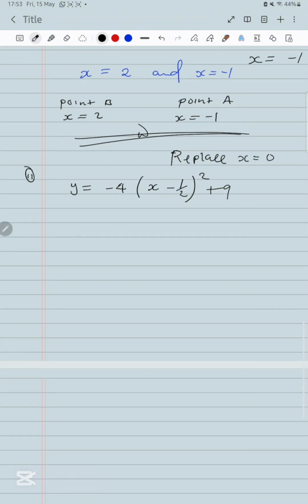So if we replace there, we're going to have y is equal to -4 open 0 minus 1/2 squared plus 9.